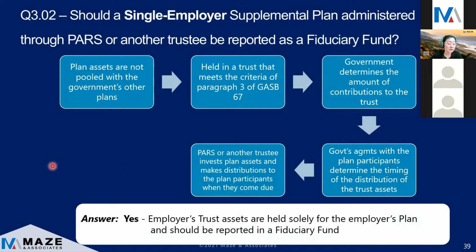These are the assumptions we are making, as we understand it: the assets of the plan you're considering are not pooled with the government's other plans and are held in a trust as defined by GASB 67 paragraph 3, and your government determines the amount of the contribution made to the trust, and then these other criteria.